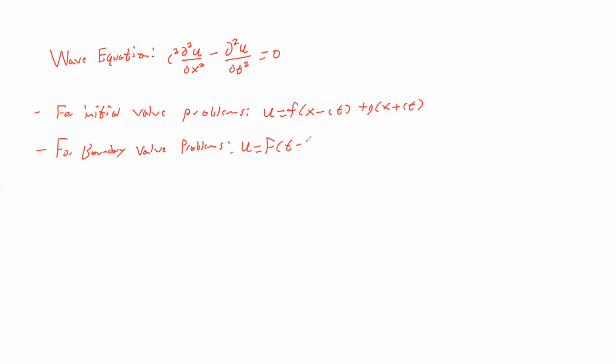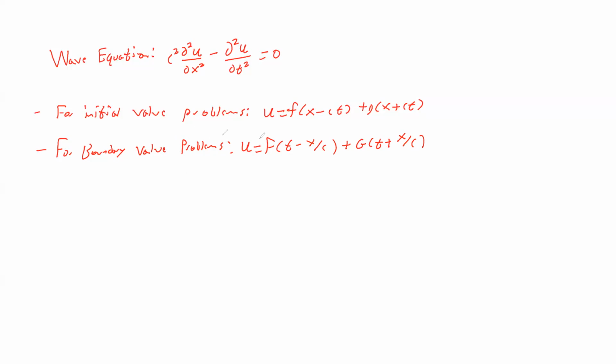It's formulated as f of t minus x over c plus g of t plus x over c. And we have a lowercase for the initial value problem and uppercase for the boundary value problem, just for clarity for the reader. Like you'll see in textbooks, there really isn't any significance. It's just to remind us the arguments inside are different.